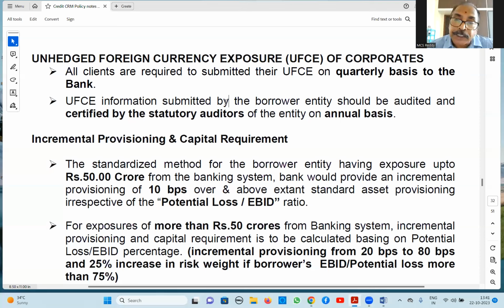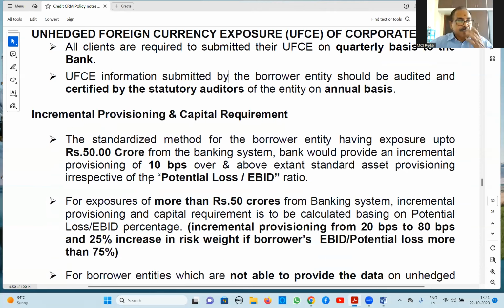And the party has to submit a yearly audited statement showing the unhedged foreign currency exposure. For calculation purposes, suppose the party has not submitted the unhedged foreign currency exposure. For small people, up to 50 crores limits, we add 10 basis points incremental provisioning.